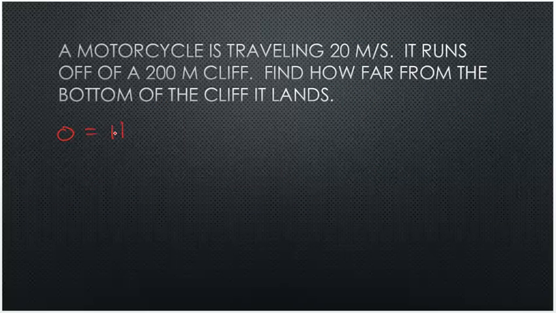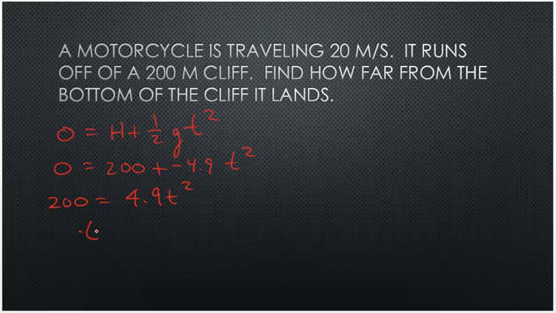0 equals h plus 1 half gt squared. 0 equals 200 plus negative 4.9 t squared. 200 equals, I'm going to make it just positive 4.9 t squared, and now I've got to solve for t. T turns out to be 6.4 seconds.